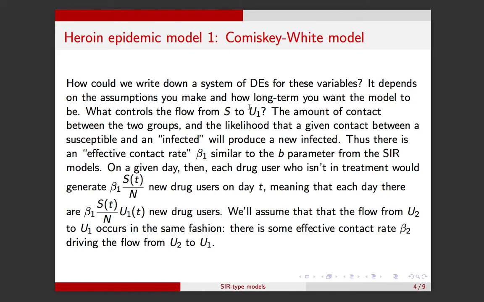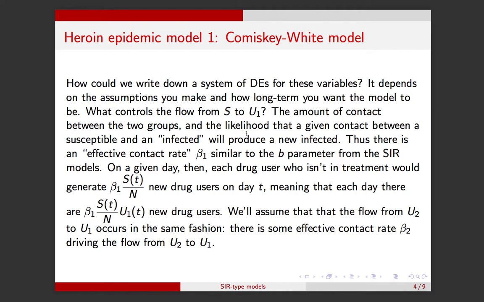So anyway, what controls the flow would be the amount of contact between the two groups and the likelihood that a given contact between a susceptible and, if you will, an infected produces a new infective. So there's just an effective contact rate that I'm going to call beta 1, similar to that effective contact rate parameter B from the SIR models.